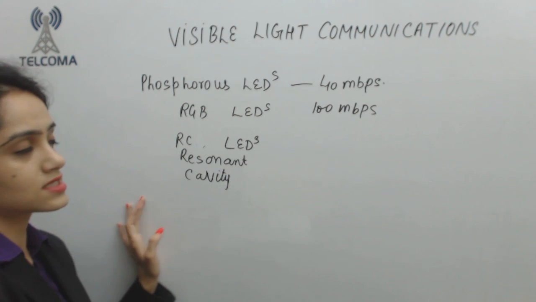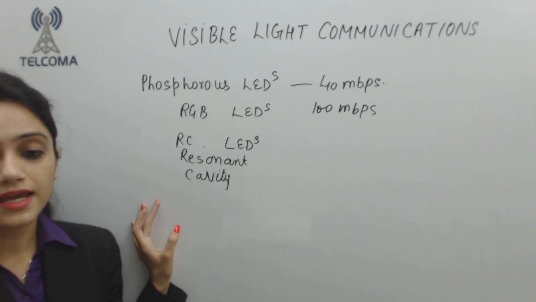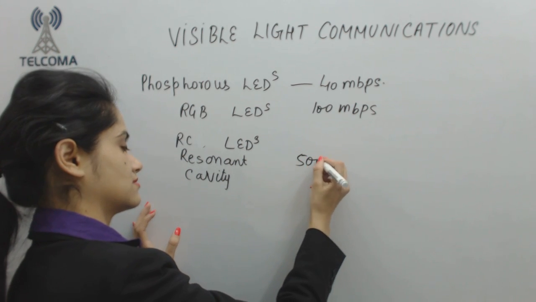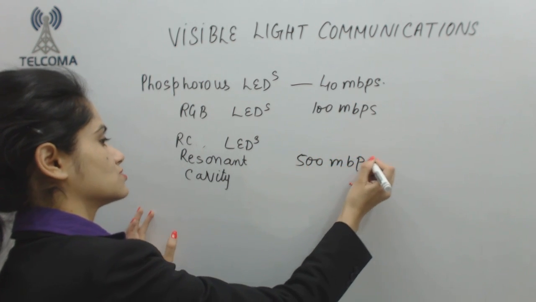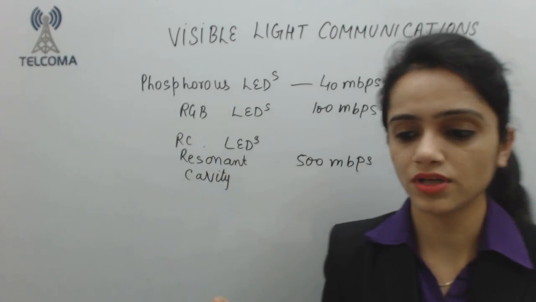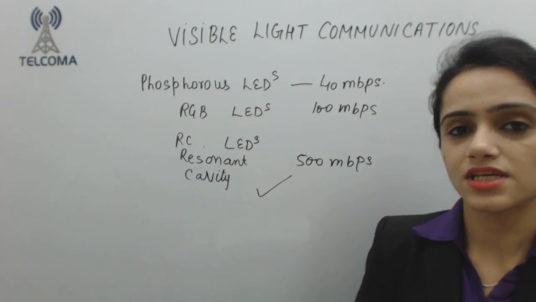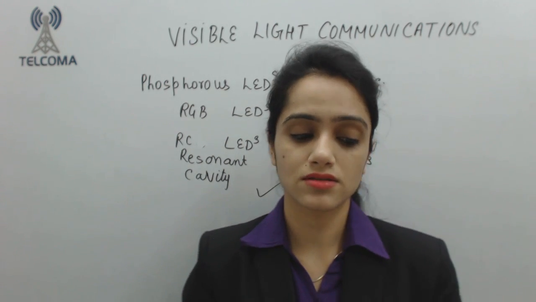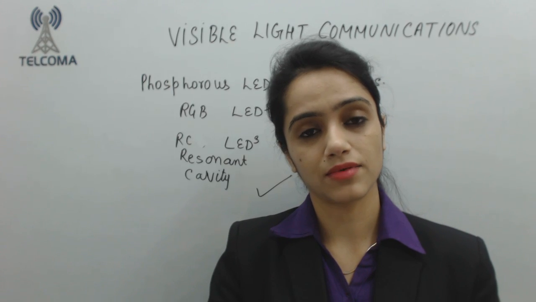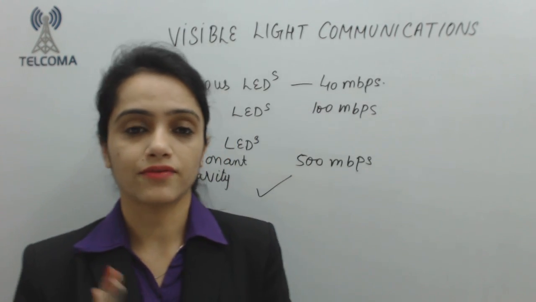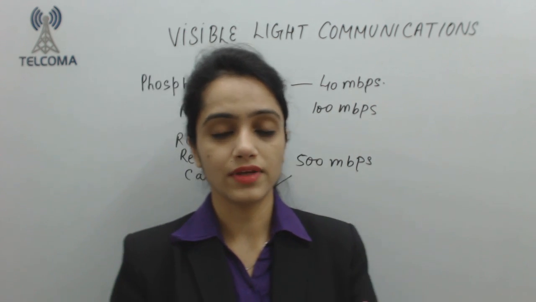So these resonant cavity LEDs can achieve data of up to 500 Mbps. So visible light communication technology is also one of the options to make this much data rate possible for the user. So in this class of visible light communication technology, we have the overview of this technology, like why we require it and how we can achieve it.